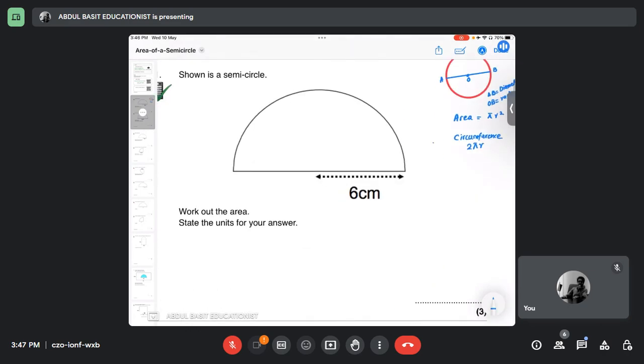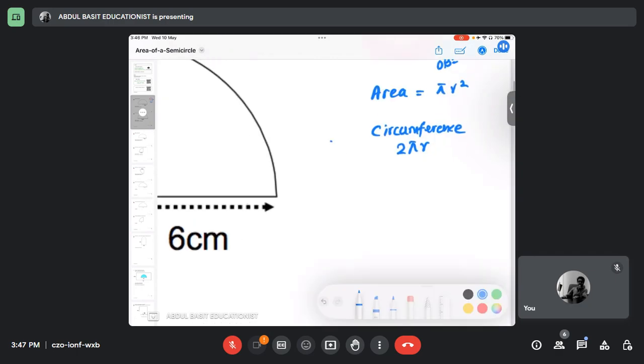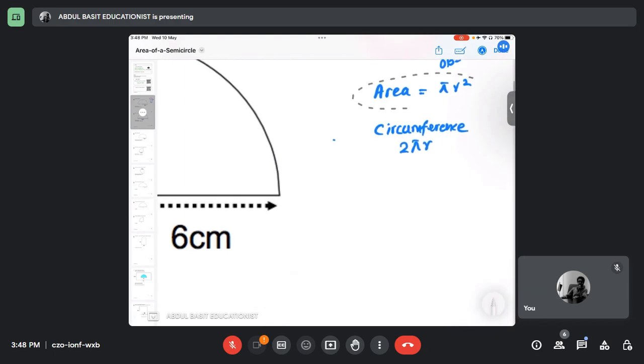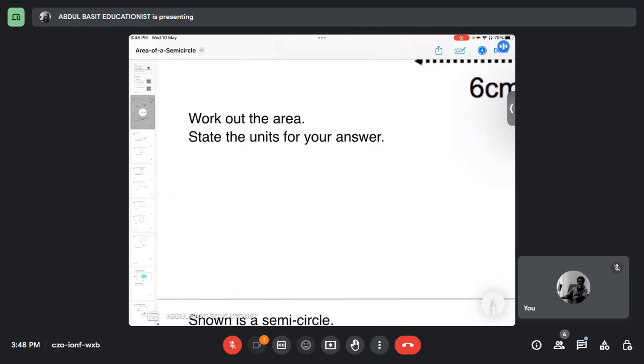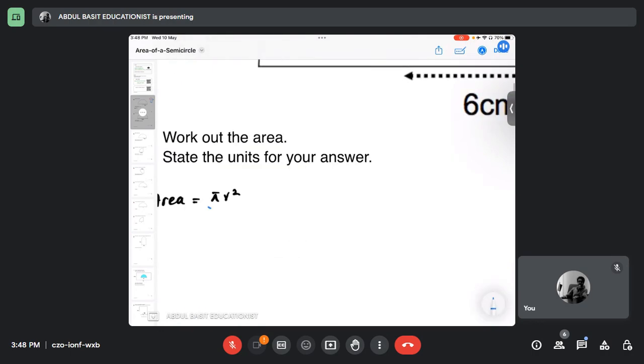Now in this question, you can see that it's half of the circle, meaning a semicircle. Work out the area. We know that the area of the circle is pi r squared. But the given question is in the form of a semicircle, so I'll divide the formula by 2.